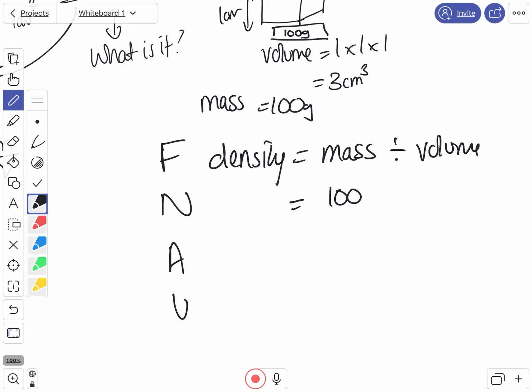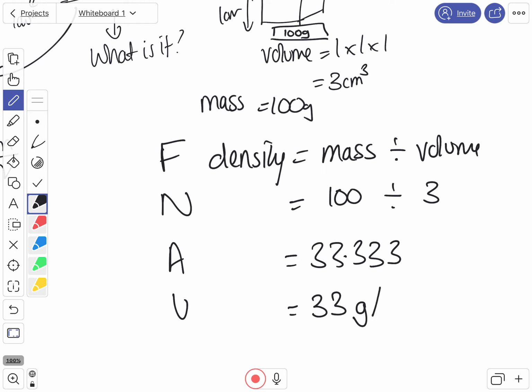It is 100 divided by our volume, which is 3. 100 divided by 3 would give me an answer of 33.3333. Is that an appropriate number of decimal places? We go to the same number of decimal places as our question, which would just be 33. And our units are whatever our mass is in, divided by the units of our volume. So grams per centimetre cubed for density.